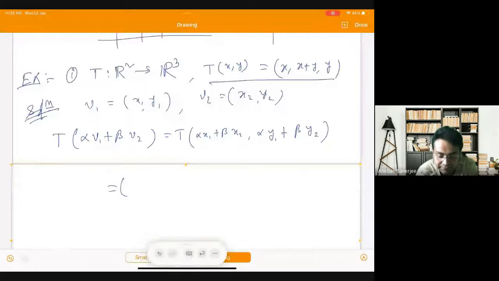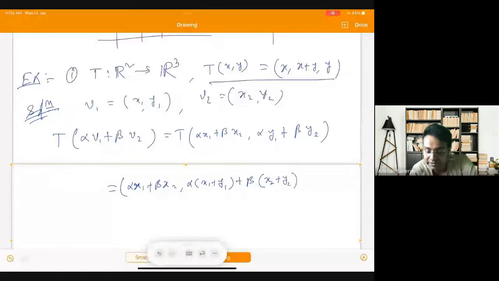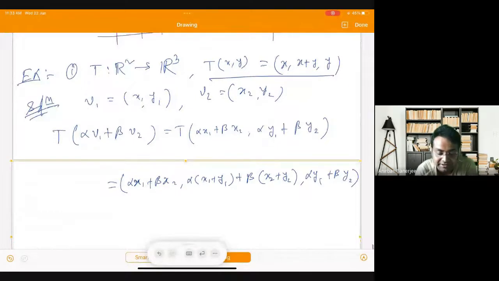We'll get alpha x1 plus beta x2 and alpha into x1 plus y1 plus beta into x2 plus y2, and the third coordinate will be alpha y1 plus beta y2, right? So this is the left hand side of the equation.